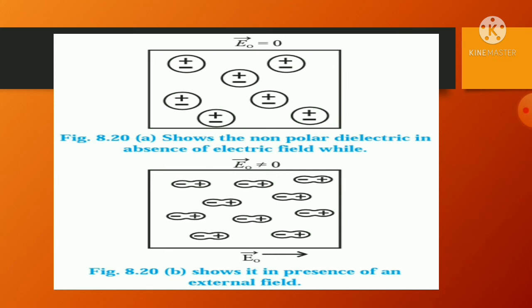This is shown in figure 8.20b, in the presence of the external electric field.